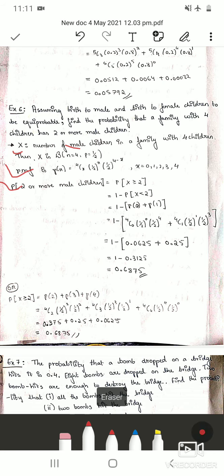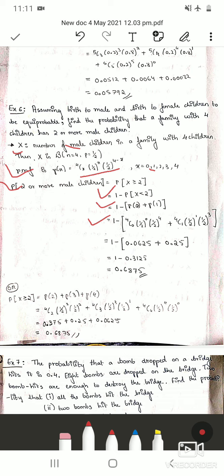First let us see how to calculate it using the complementary event. This will be 1 minus probability of x less than 2. Less than 2 we have 0 and 1, so it is 1 minus P of 0 plus P of 1.